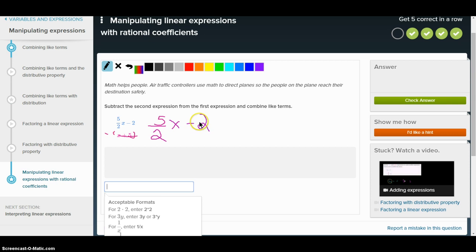And then we're going to subtract the second term. So, actually I can't see this anymore. I believe that's x over 5. So we're going to subtract x over 5. And let's see, so we can just go right over here and subtract x.